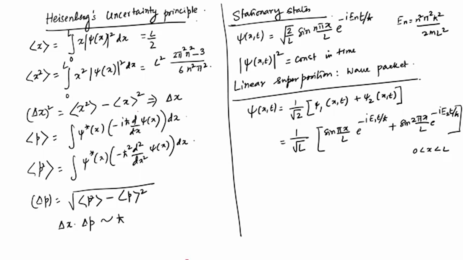Now, one important thing is how do we interpret this, or rather what is the probability density, and is it still a stationary state. No, it is not a state whose probability density is independent of time, because it does not have definite energy. If you make a measurement, it will collapse onto one of the states, either the ground state or the first excited state.